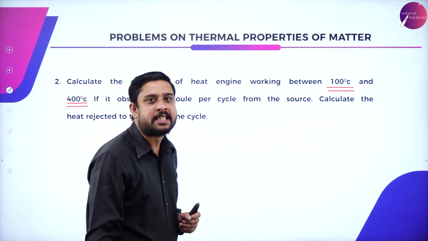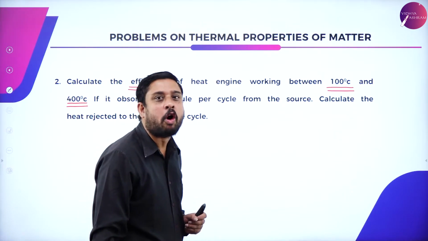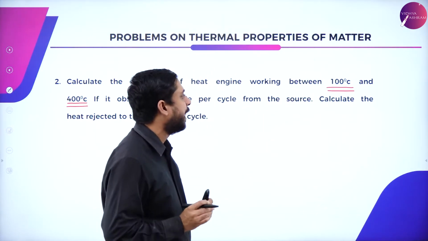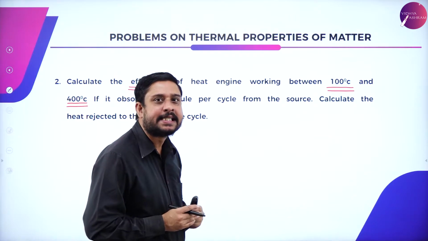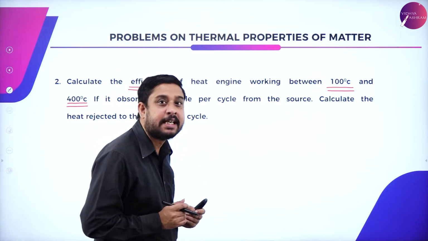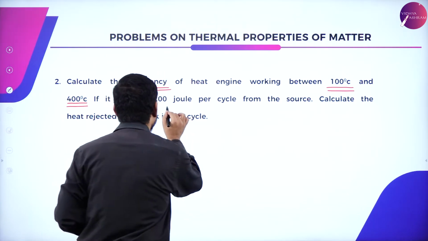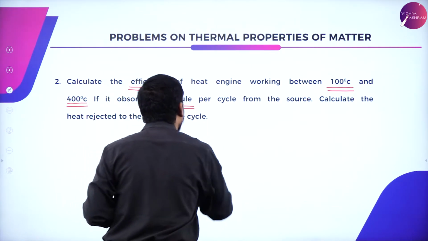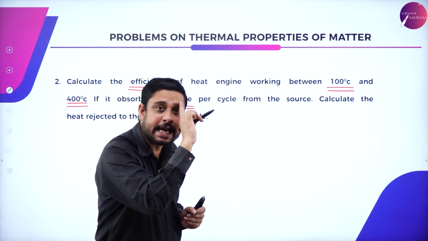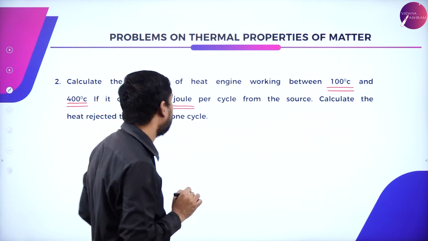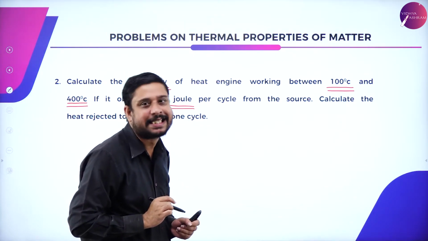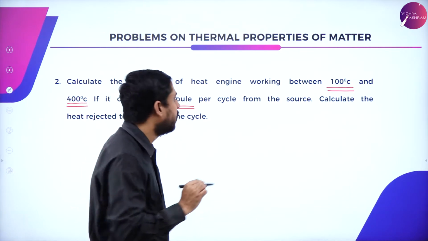Now, temperature is in terms of Celsius. So, it operates between 100 degrees Celsius and 400 degrees Celsius. If it absorbs 200 joule of heat per cycle from the source, calculate heat rejected to the sink.